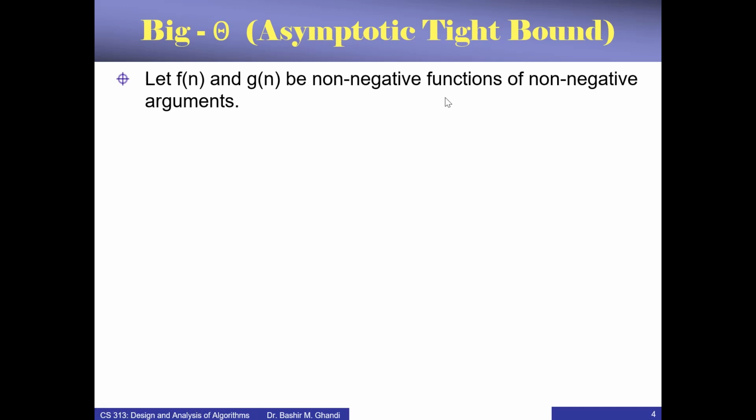If I can just draw a graph like this, your functions whose values lie in this quadrant, not this side and not anywhere below, are considered to be non-negative functions.